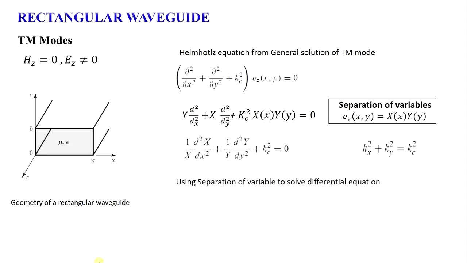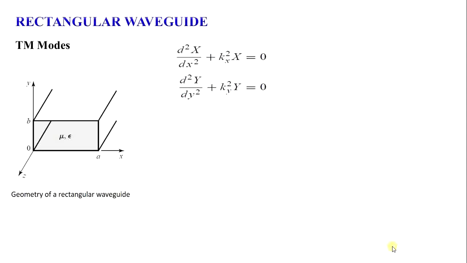Putting this value here and using the separation of variables to solve the second order differential equation, we will get the two equations, that is d²X/dx² plus kx² X equal to 0 and d²Y/dy² plus ky² Y equal to 0.